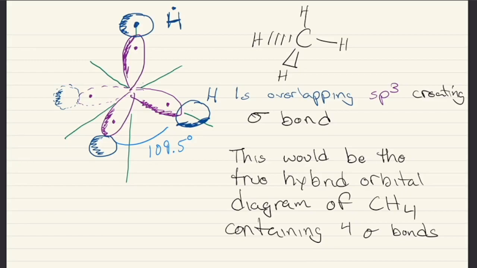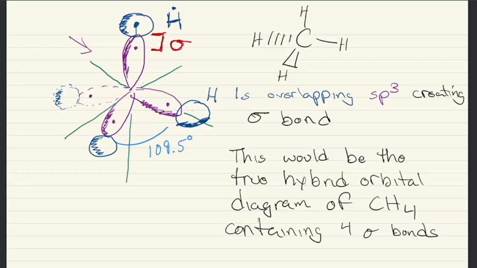But electronically, this is a better description using the sp3 hybridization, but we achieve the same thing, 109.5 degree bond angle, and we also achieve orbital overlap. That orbital overlap that exists right here, this is the sigma bond that we spoke of, right?